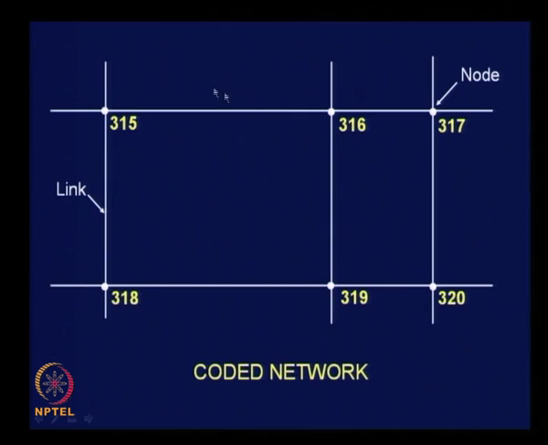And what is the designation of this link? How to name this link? Name this link simply as link 315 316. Links are named using node numbers. Use the node numbers to name the links. Clear? That is how we manage.